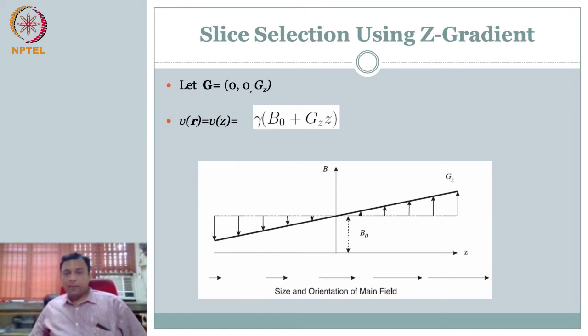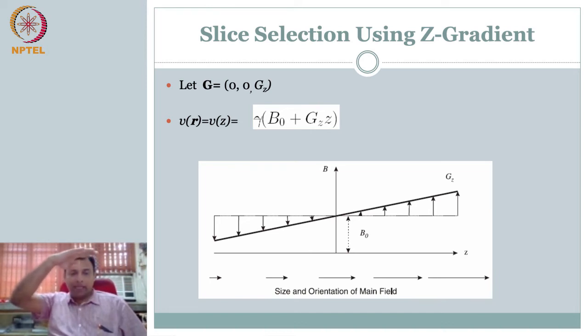Visually, if this is the head and this is the tail or foot, you have one magnetic field at the head. Because of the gradient Gz, the magnetic field changes from head plane to plane, different axial planes. In the notation that we are using, when we change the Z gradient, I am changing the axial slice location.